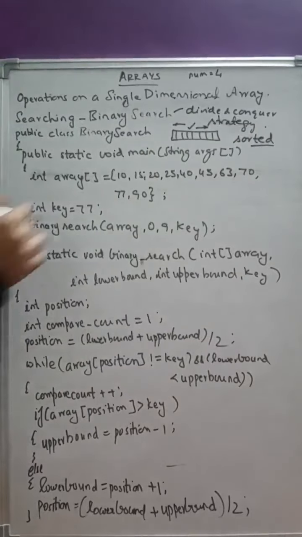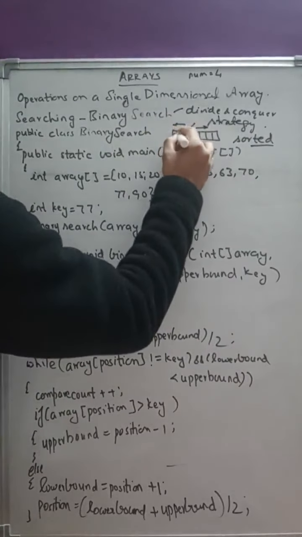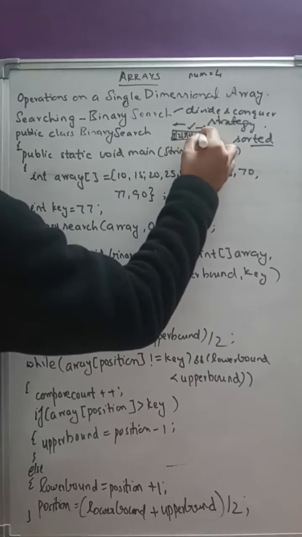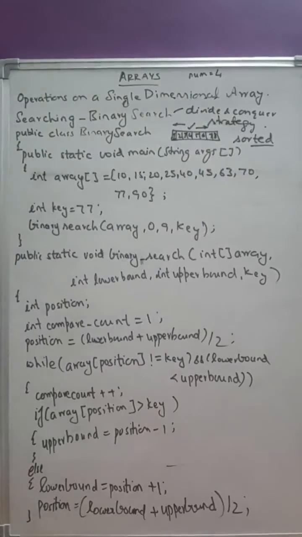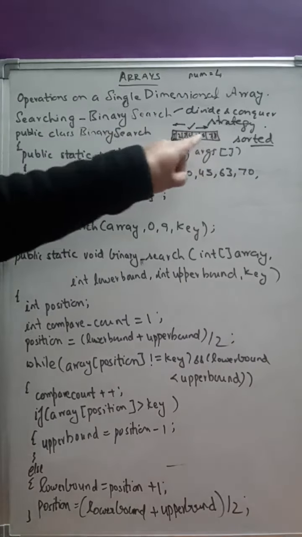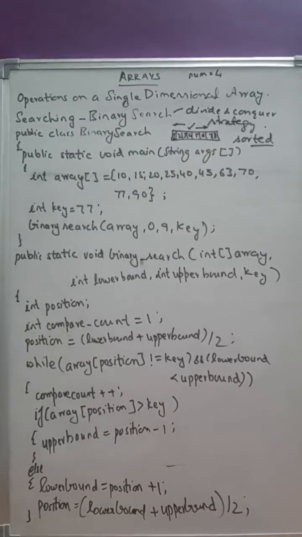Sorted means like 1, 2, 3, 4, 5, 6, 7, 8. They have a particular pattern, in ascending order. So this kind of array is needed for binary search.